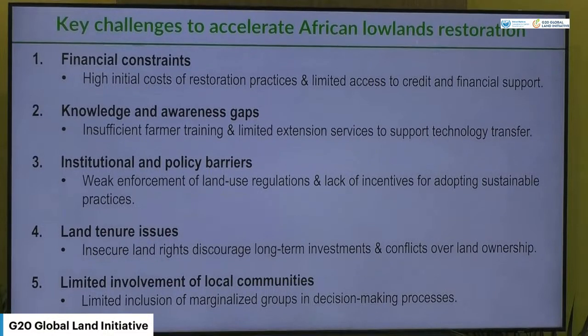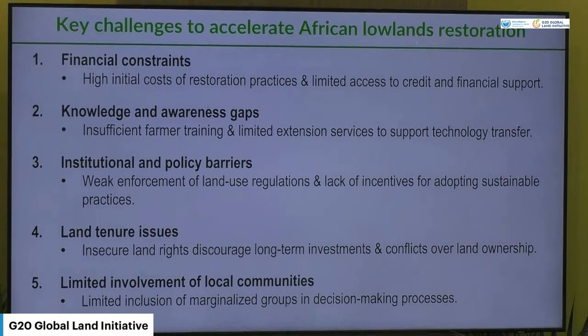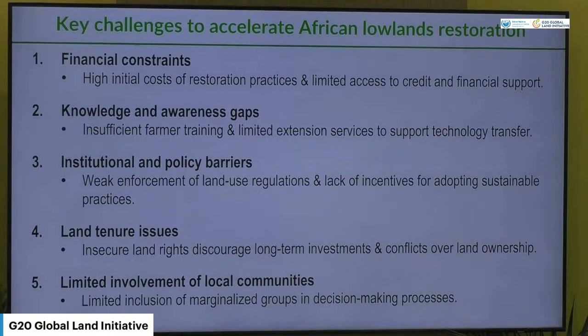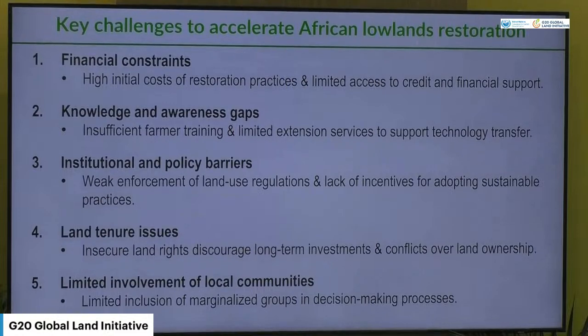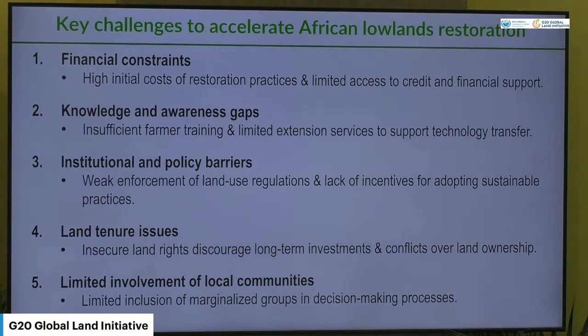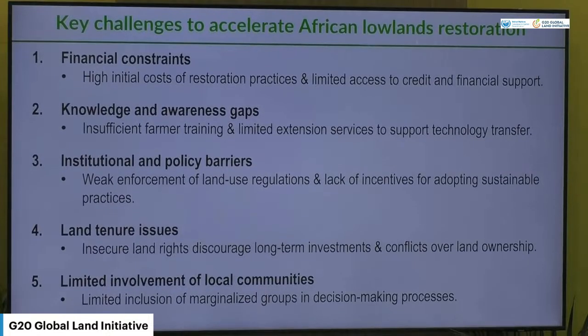Knowledge and awareness gaps also play a critical role as a challenge because of insufficient farmer training and limited access to extension services. Institutional and policy barriers are also part of the challenges due to weak enforcement of land use regulation and lack of incentive for adopting sustainable practices.